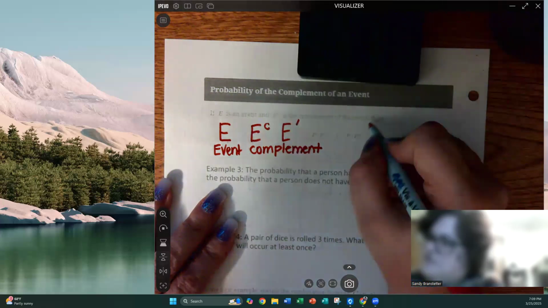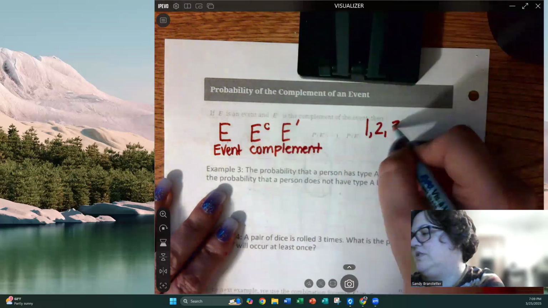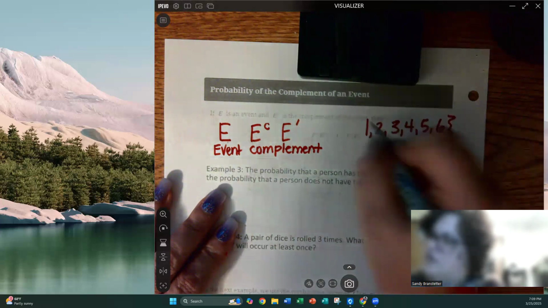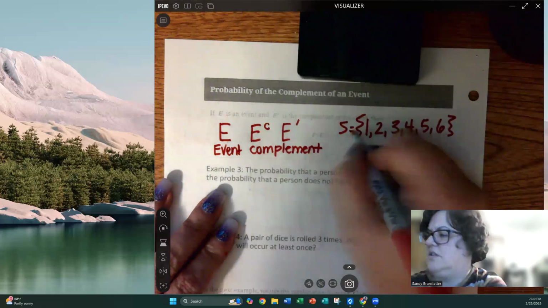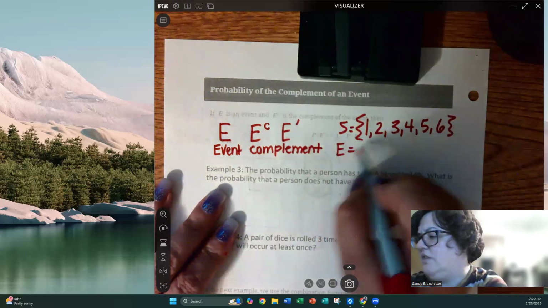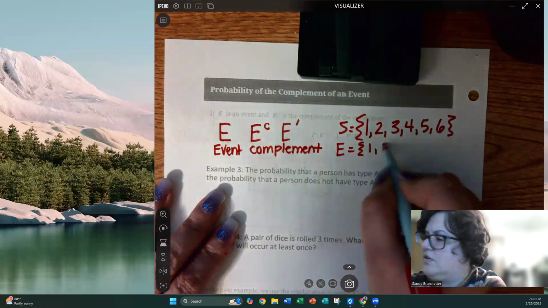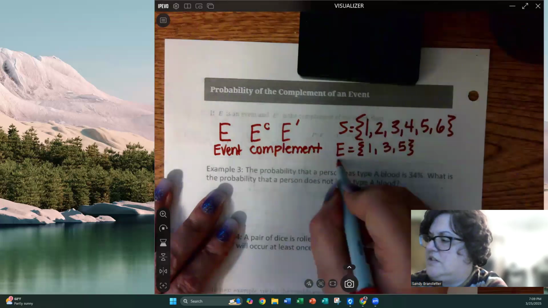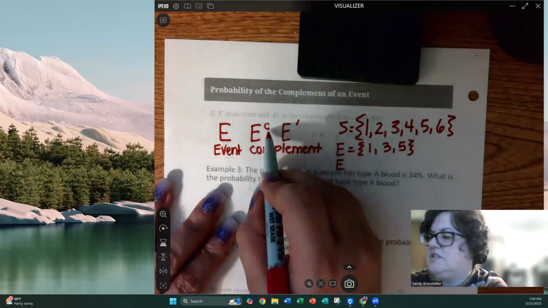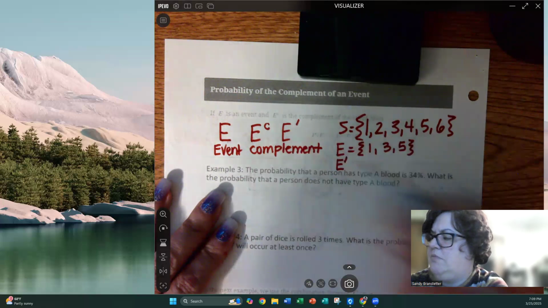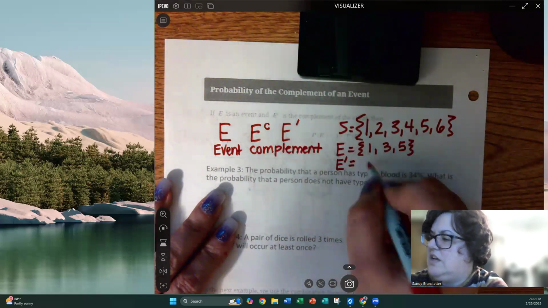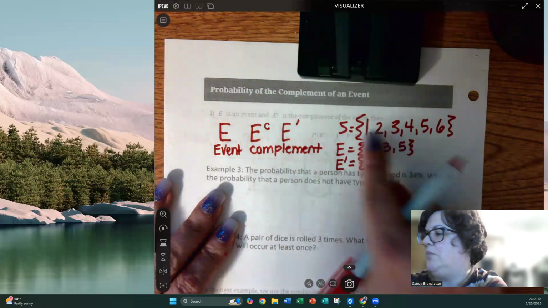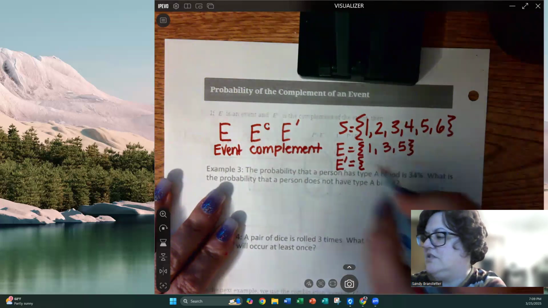So if I list the numbers 1 through 6 as my sample space, and I give you an event of odd numbers, then the complement, either E with the little c or E with the little prime, looks like an apostrophe, is everything that's not in this event, but is in the sample space.